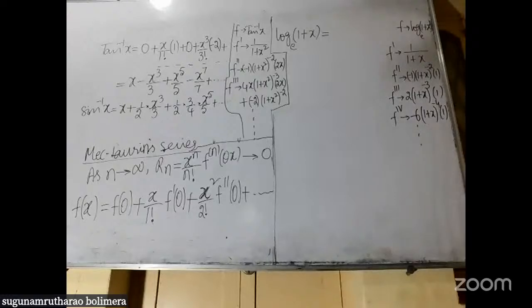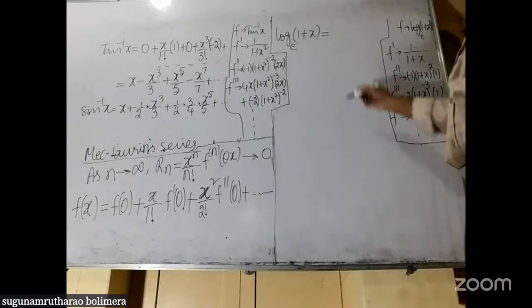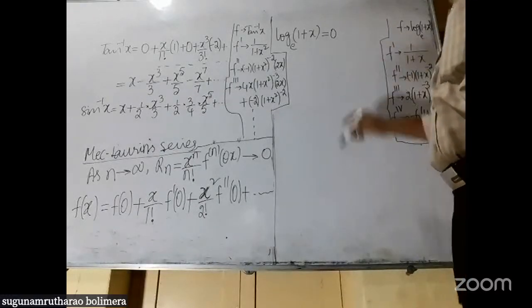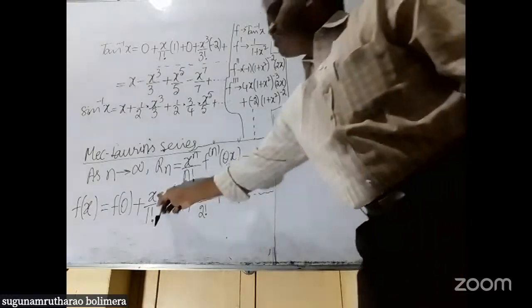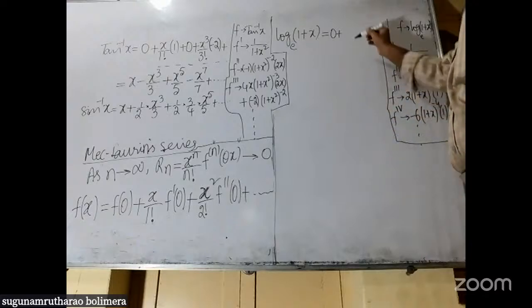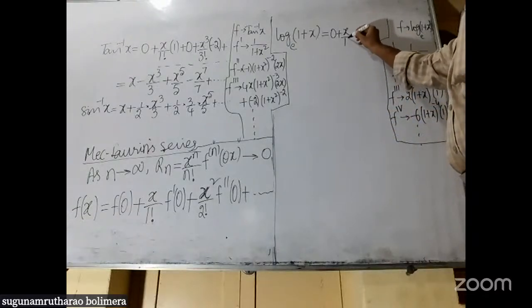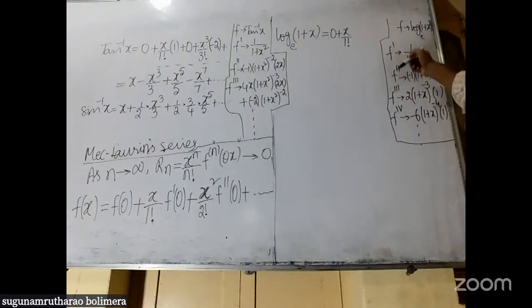So here, you keep on substituting these values. F of 0, put x equals 0, log 1. The value of log 1 is 0. The next term, x by 1 factorial, put x equals 0, this is 1.